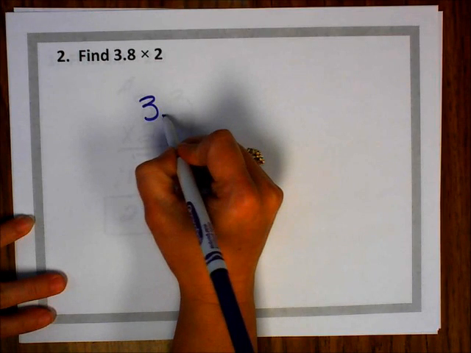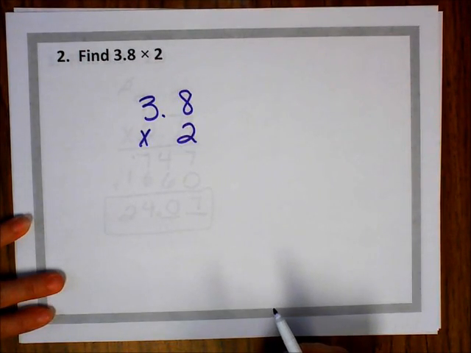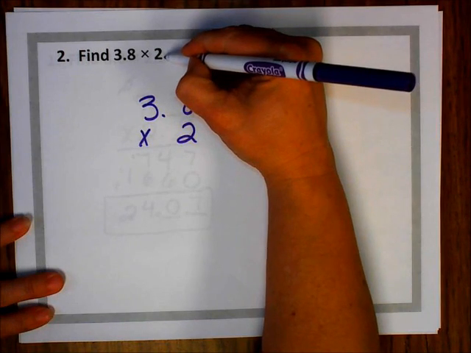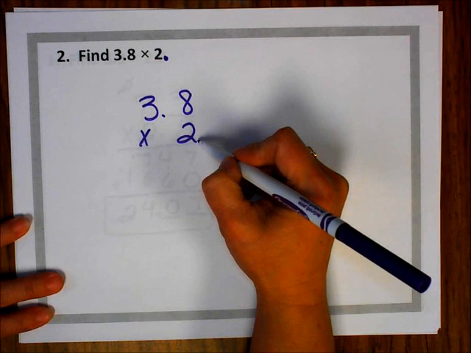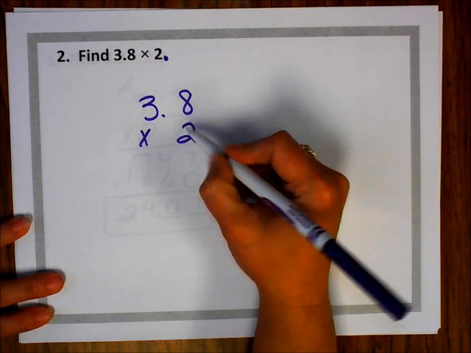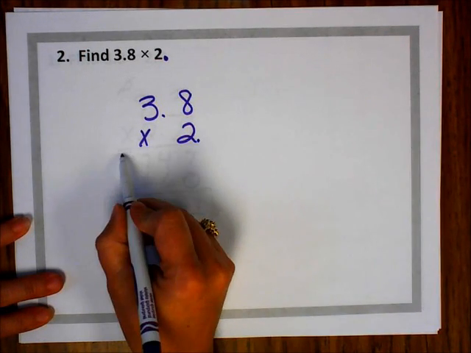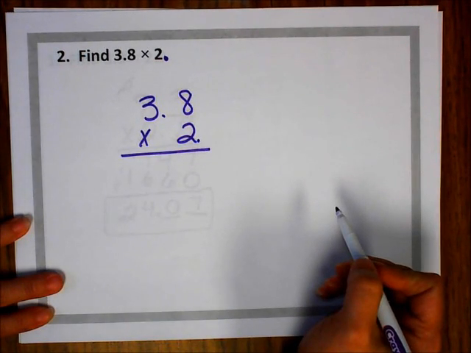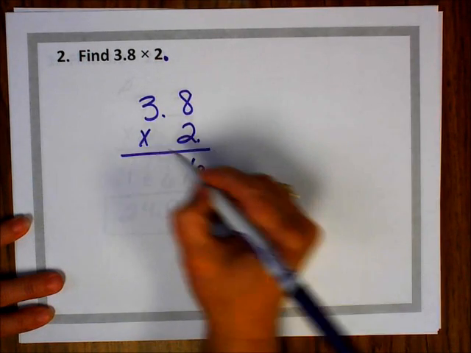Number 2, 3.8 times 2. Now we know that in the number 2, my decimal is at the end. But notice I didn't line up the decimals, and that's fine. In multiplication, I do not have to line up the decimals. So let's ignore the decimals for now and multiply. 2 times 8 is 16.